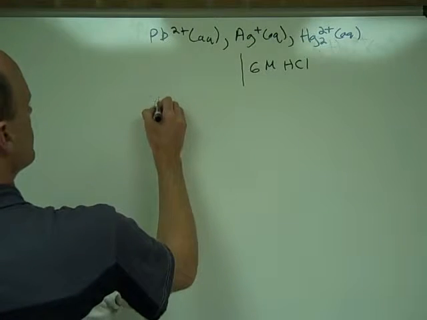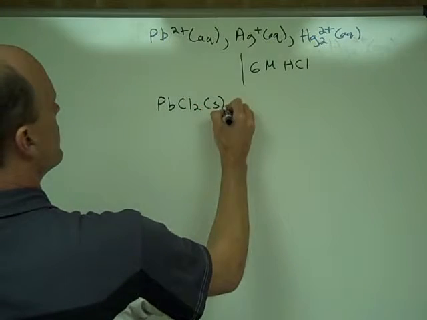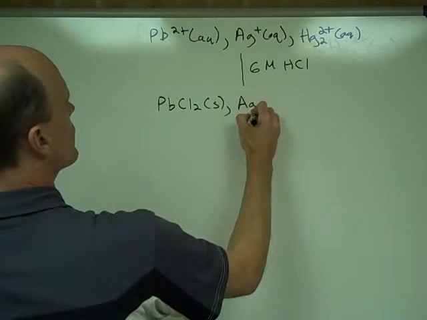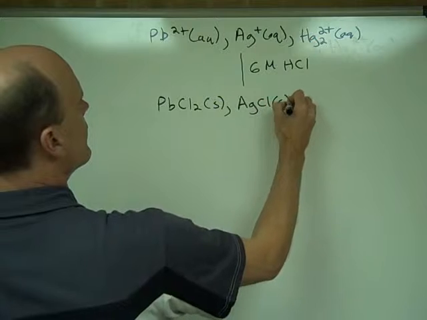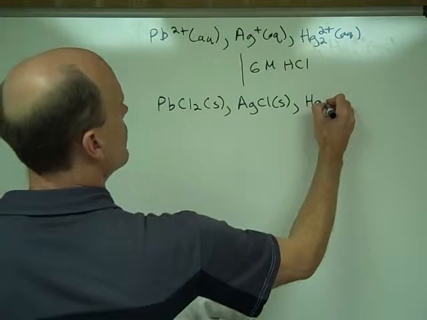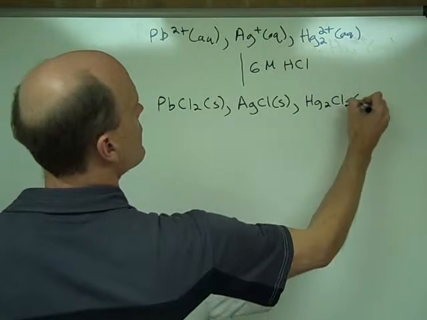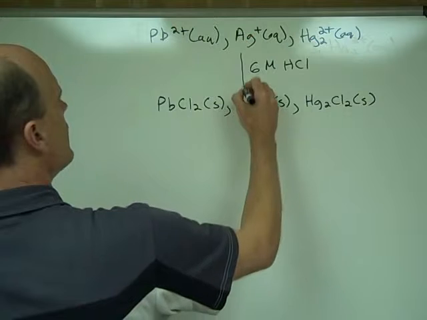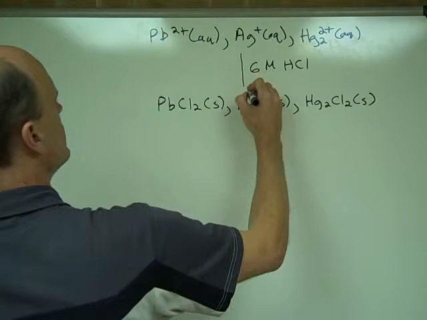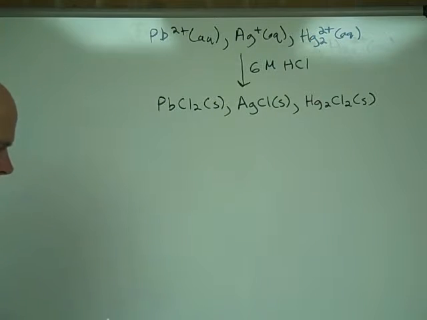So you then end up with a mixture of the 3 precipitates: lead chloride solid, silver chloride solid, and mercury 1 chloride solid.